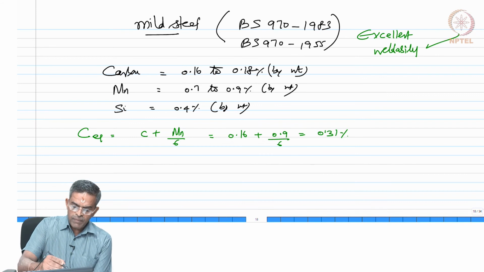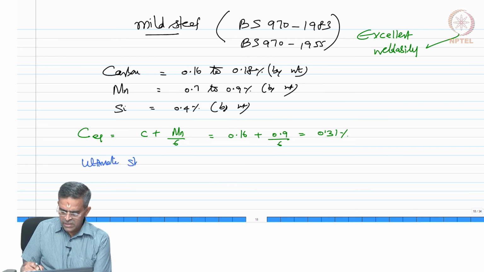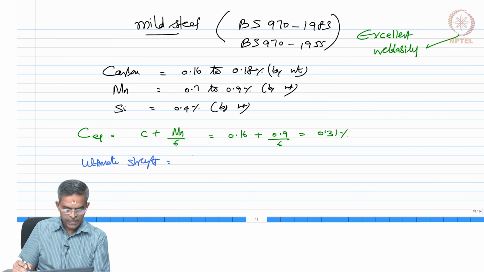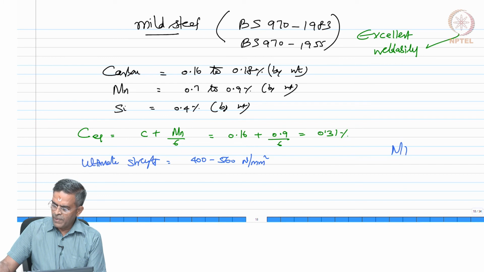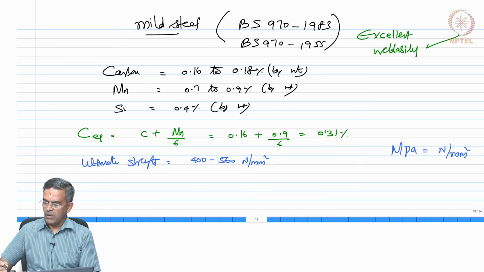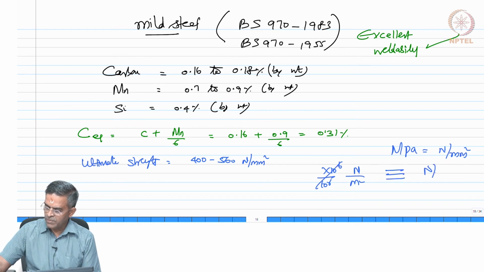For our additional information, mild steel has ultimate strength, let us be specific, of 400 to 560 megapascal. Friends, megapascal is the same as Newton per mm square, okay, because mega is 10 power 6 and it is Newton per meter square. I divide by 10 power 6. So, it is the same as Newton per mm square.